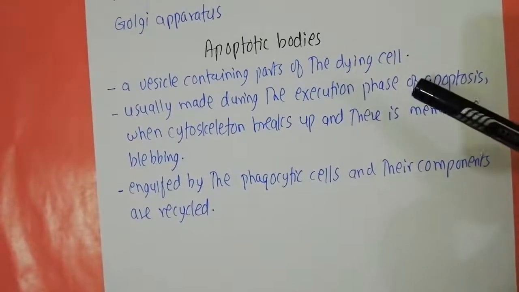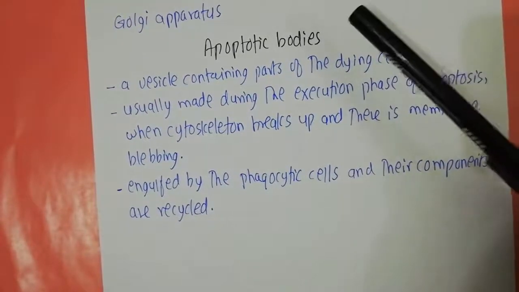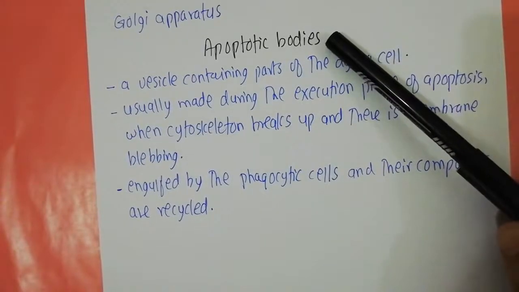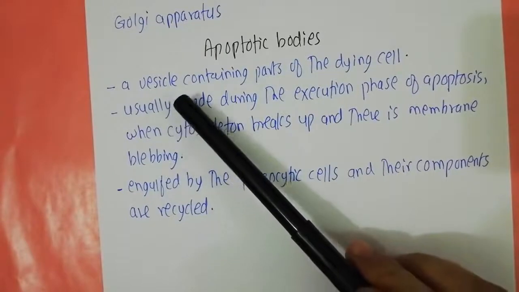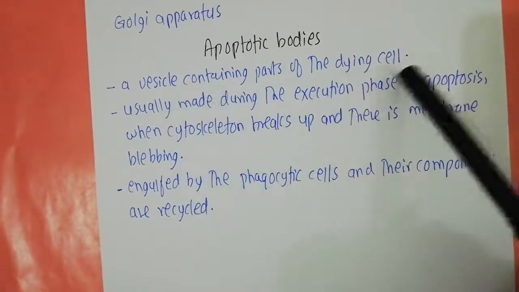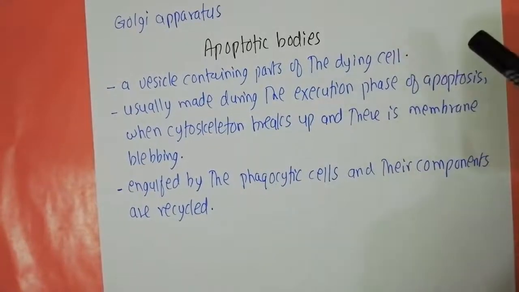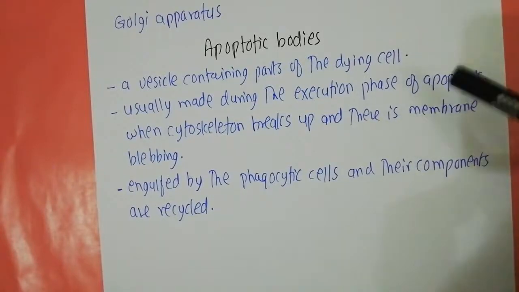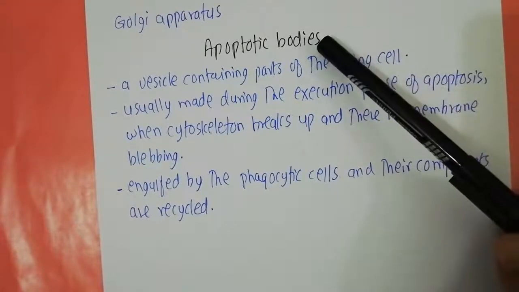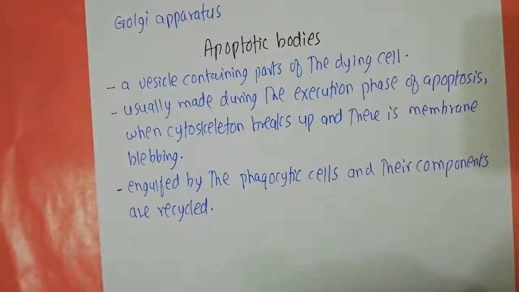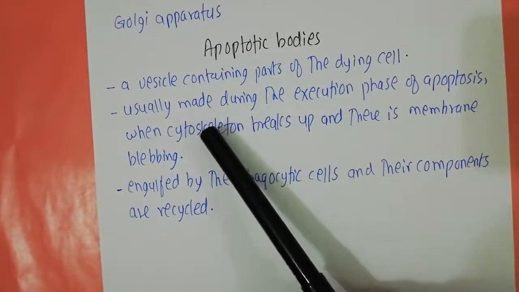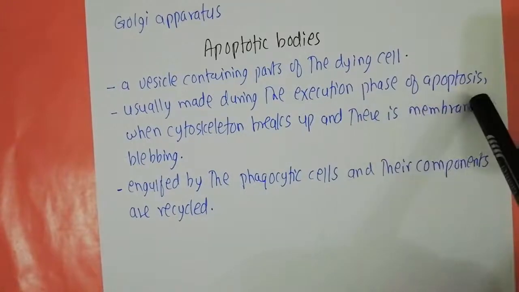Now, an important term that is used when you talk about apoptosis is the apoptotic bodies. So what are these apoptotic bodies? Apoptotic bodies are vesicles containing parts of the dying cell. You are degrading the cell, that means you are disintegrating its parts. And these apoptotic bodies are usually made during the execution phase of the apoptosis.